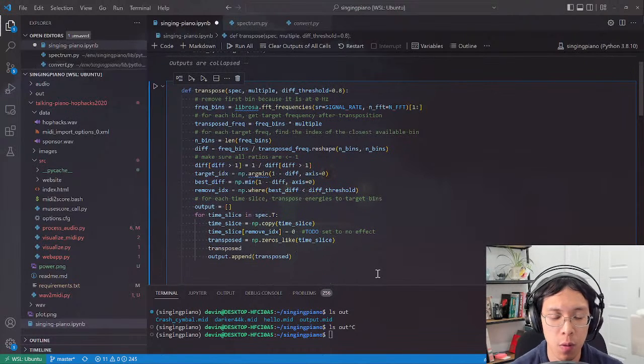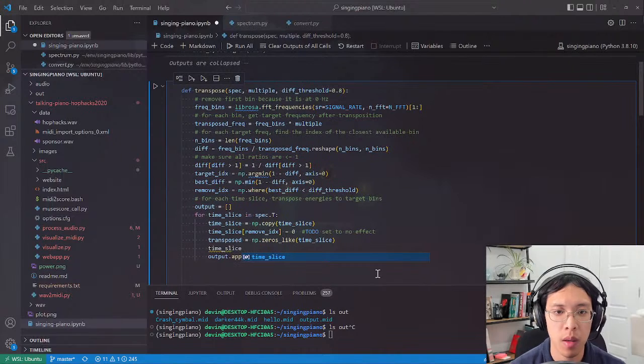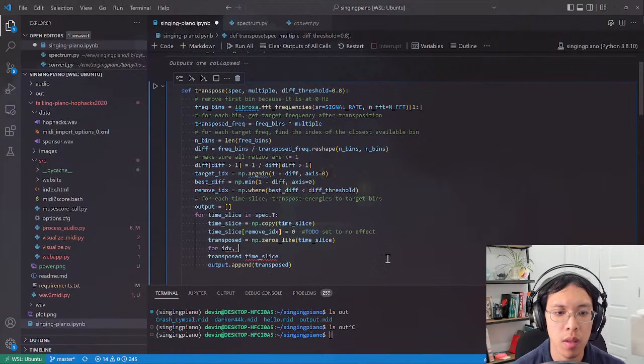And then for each bin in transpose, we're basically going to take time slice. So basically each thing in time slice needs to go to this target index. So the way you do this is you do like transposed. There's a problem, which is like some of these target indices could be the same. So in this case, I will use another for loop for index.